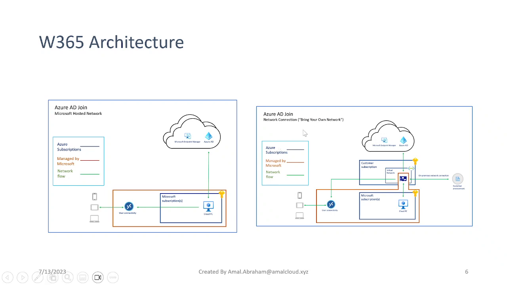And in the bring your own network scenario, you can see that your NIC card is part of your VNet in the customer subscription, and your VM resides in the Microsoft subscription. It is managed by Azure AD and Intune, or you can have connectivity to your on-prem to have it managed by the hybrid AD.